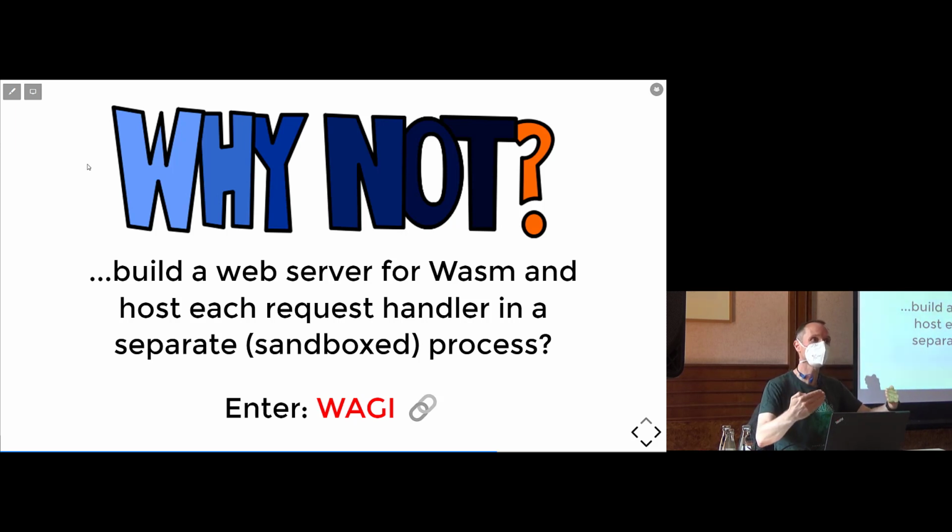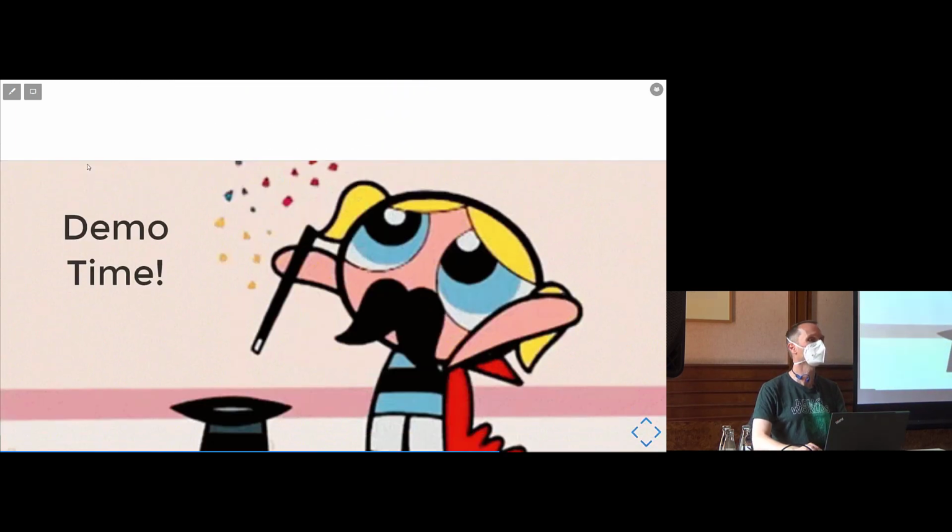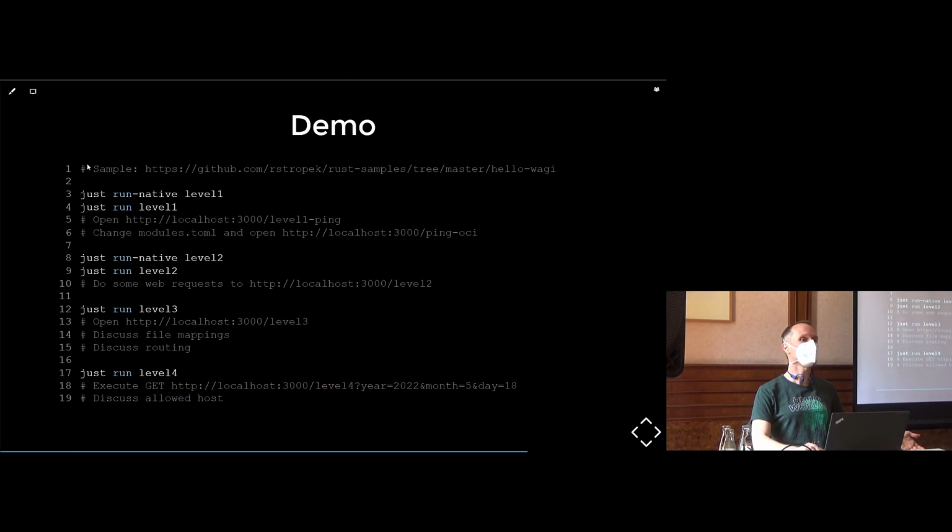Then it starts for each request a separate process and passes in the HTTP body through standard in, the HTTP header through environment variables, the query string through command line arguments, and you write the HTTP response using standard out. Isn't that crazy? Yeah, that is really done, and it has been done, and is back. Isn't that beautiful? That's the idea of WAGI, and with that, I want to show you some WAGI demos.